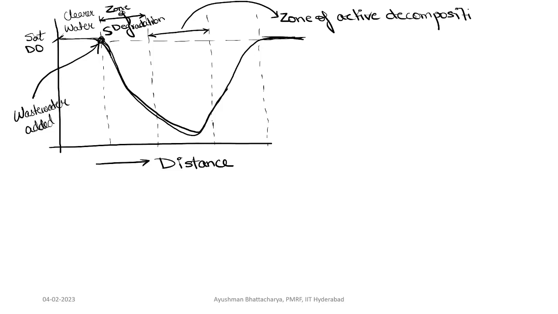And this zone is known as the zone of recovery because the DO is again rising. Initially it was at saturated DO level. When the wastewater is added, the DO declines. At this point it becomes minimum, then it again recovers. So this is known as the zone of recovery.